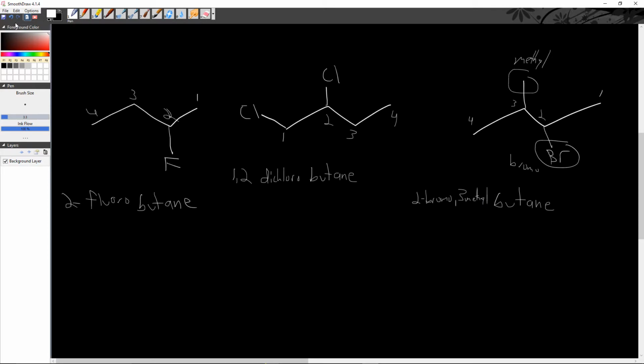That's pretty messy. Let's just rewrite it down here. 2-bromo-3-methylbutane. Cross that out. All right.